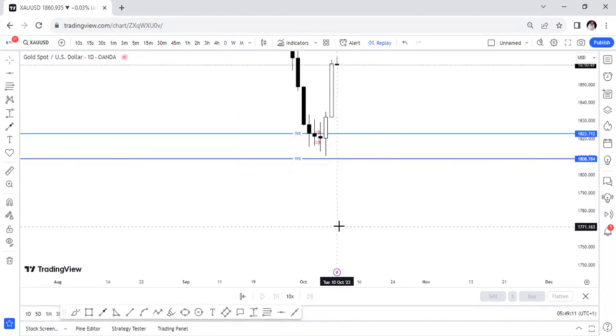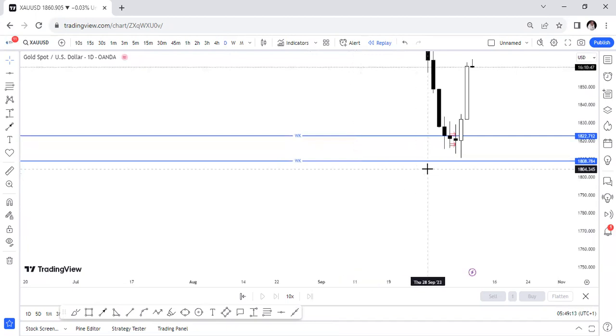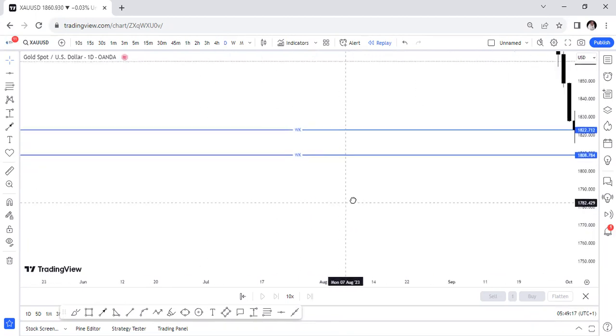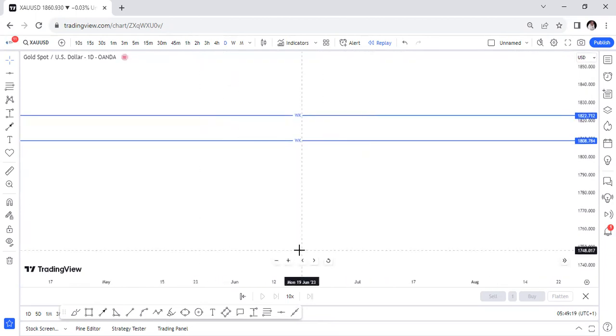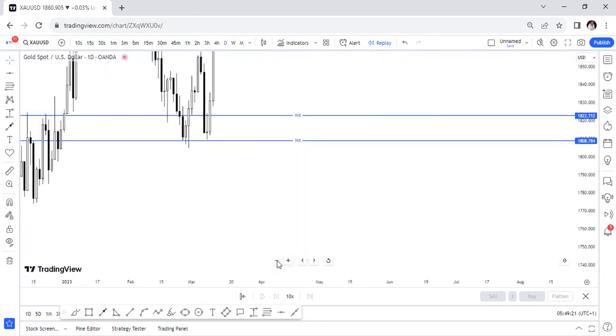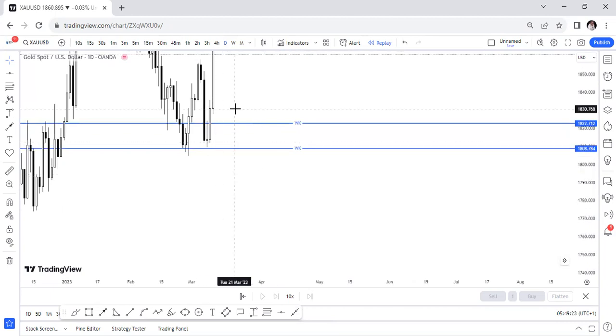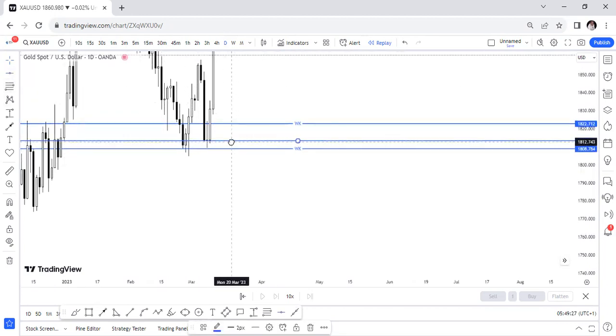So that's daily. See daily here. It tapped into the weekly, then broke through it. Then if you go back, you must check on daily. We have this. We have this on daily. We have that on daily.